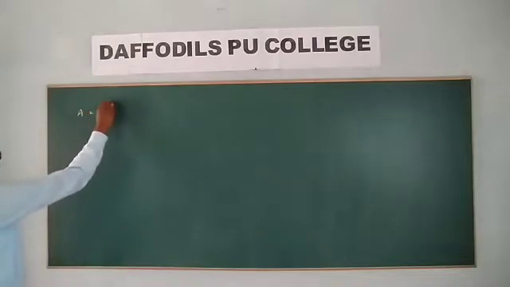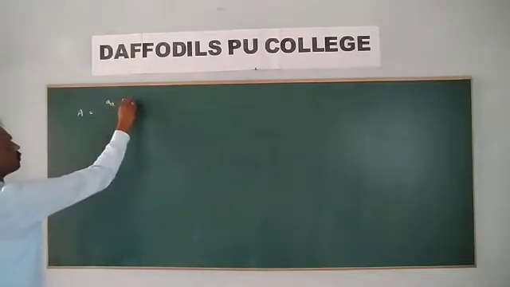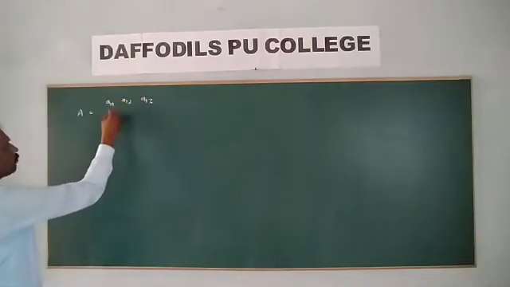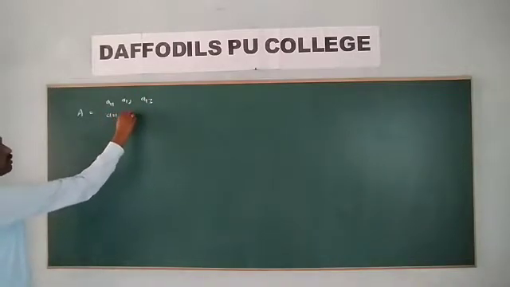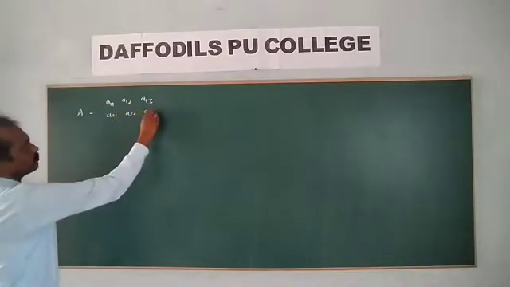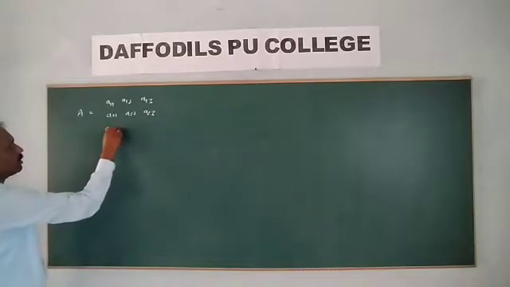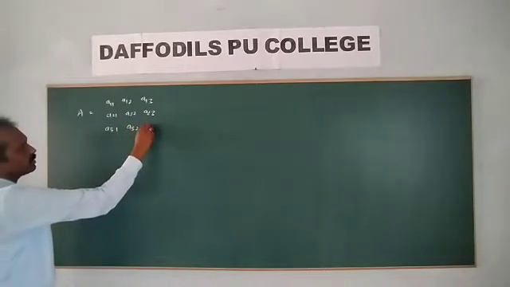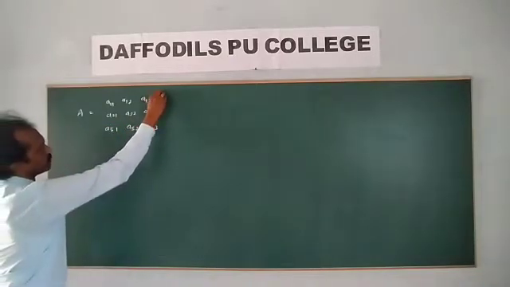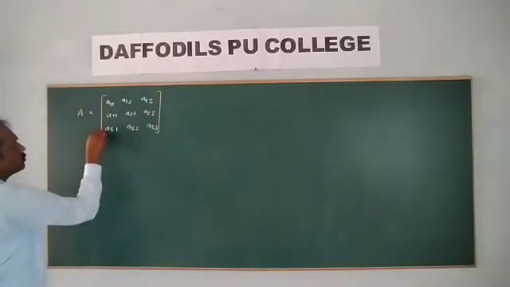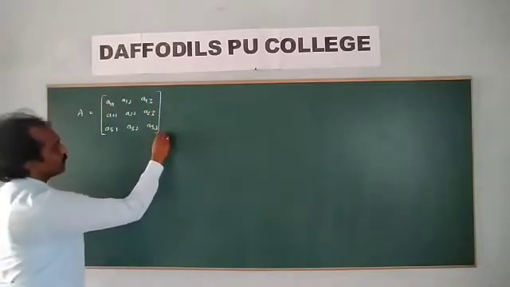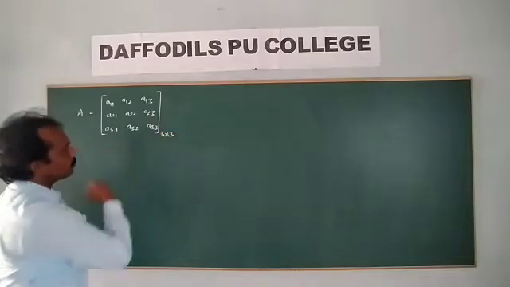Let A be equal to the matrix with rows [a11, a12, a13], [a21, a22, a23], [a31, a32, a33]. So this is the 3 by 3 matrix.